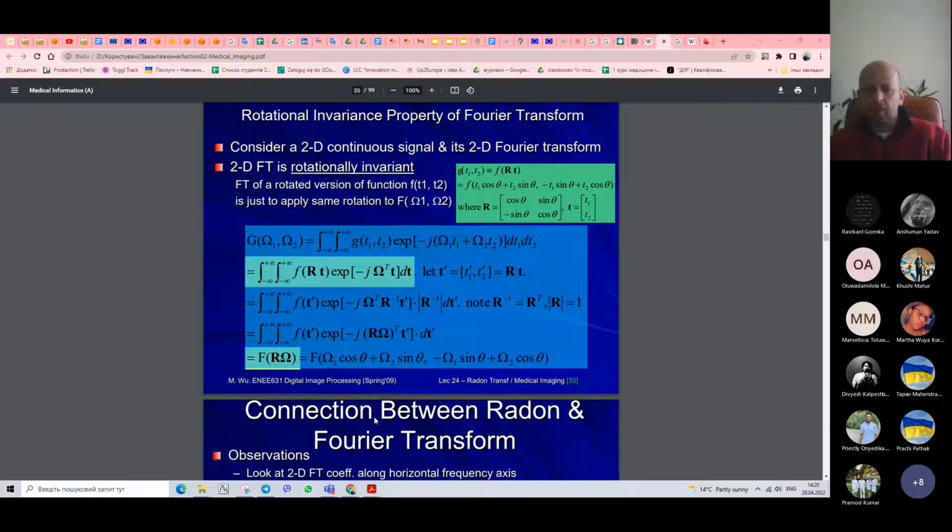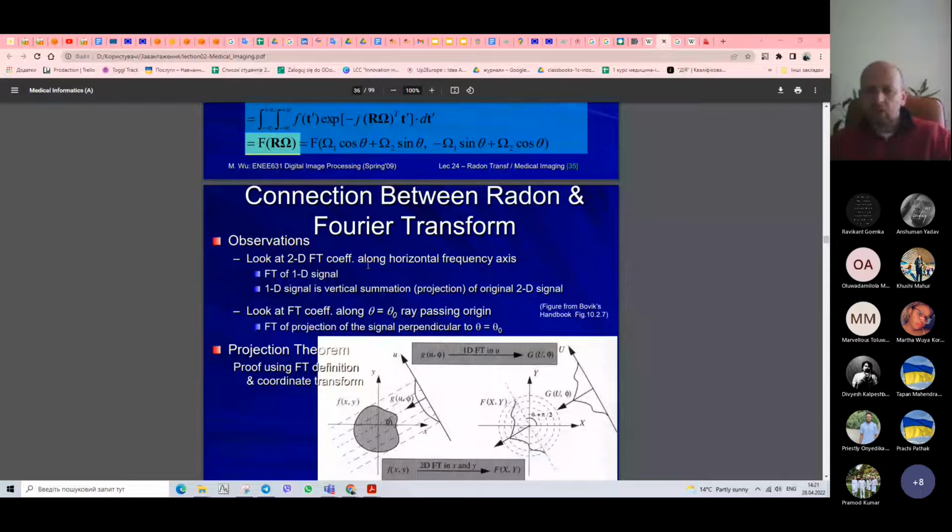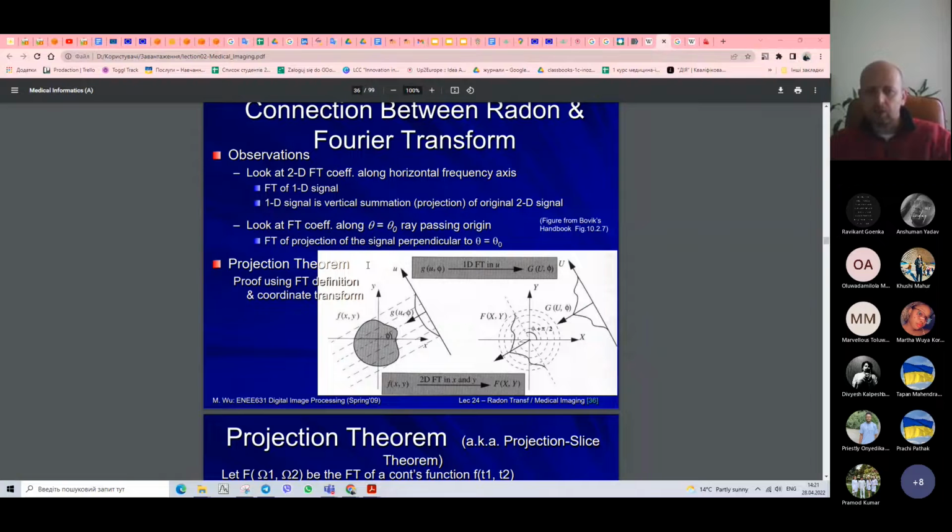Consider a 2D continuous signal; its 2D Fourier transformation helps us understand how frequencies are distributed in our pictures, and this gives us a chance to understand what the image consists of, and after that to do reconstruction of the model in this image.